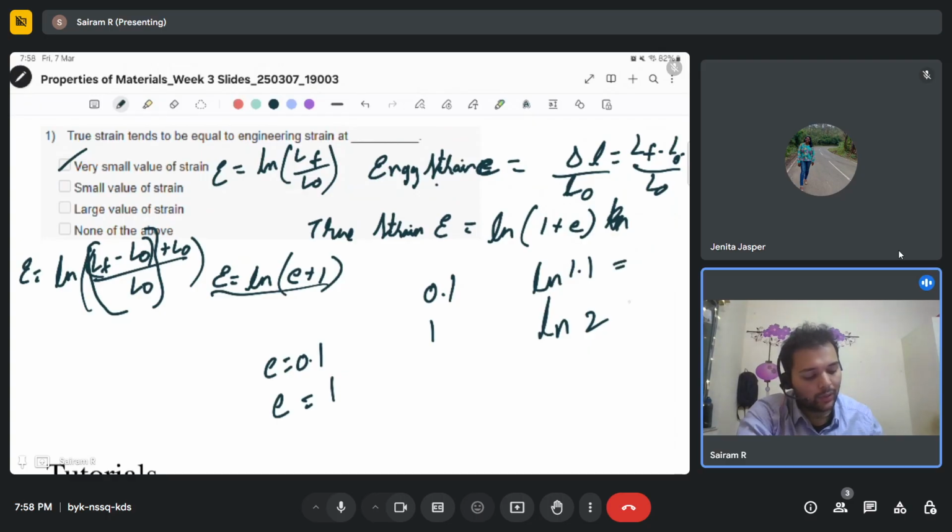I don't remember those values, so let me just calculate them if necessary. I know ln 2 is 0.693.